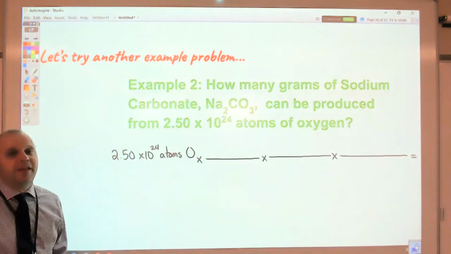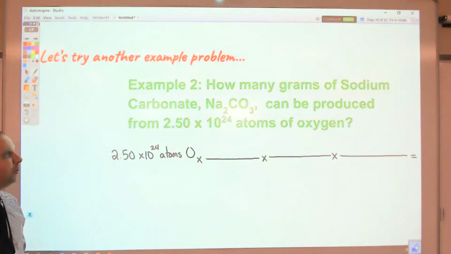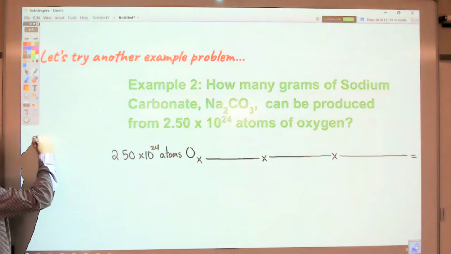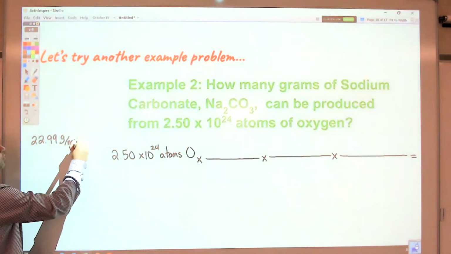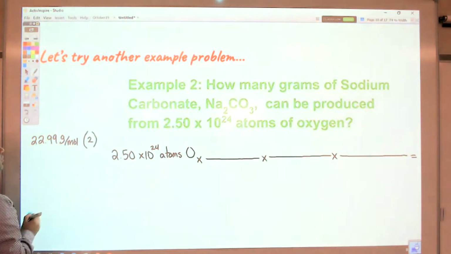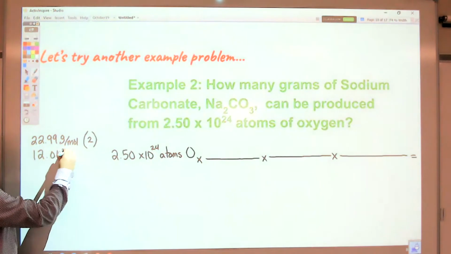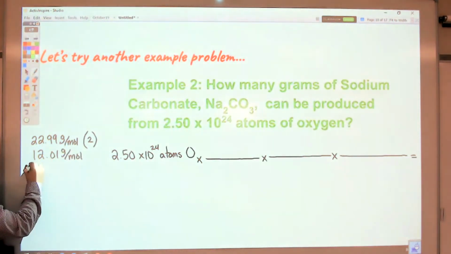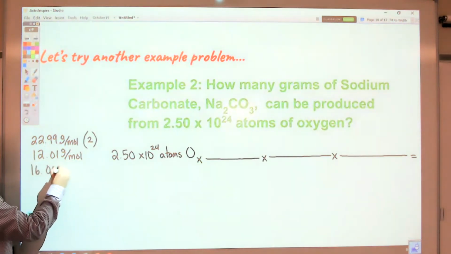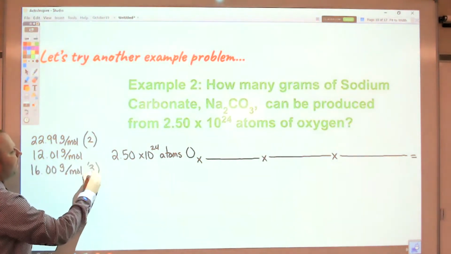So the very first thing that I'm going to do, I'm going to get the molar mass of Na2CO3. So I'll have 22.99 grams per mole for sodium, and multiply that by 2. I'm going to have 12.01 grams per mole for my carbon. And then finally, my oxygen, 16 grams per mole, which again, I'm going to multiply by 3.